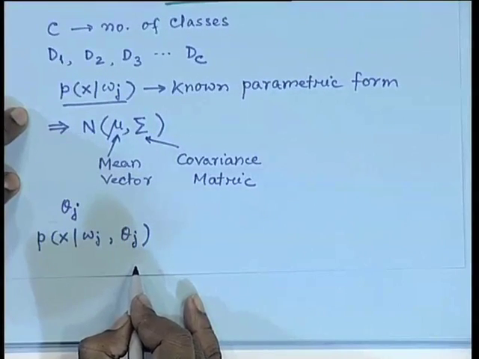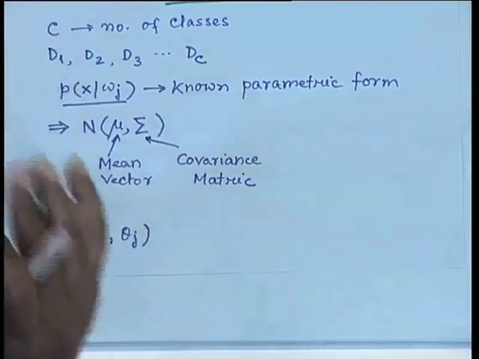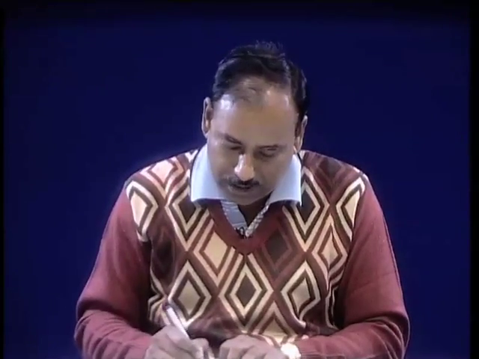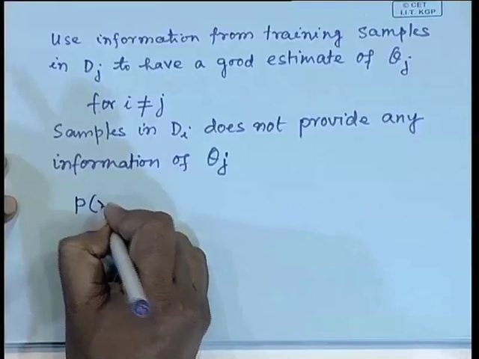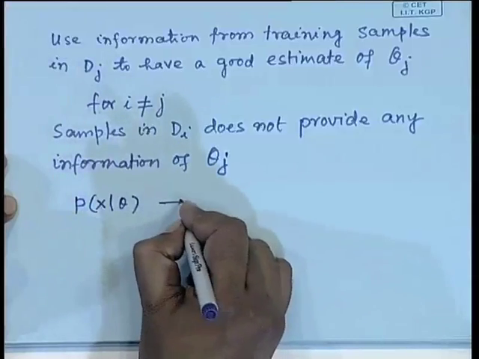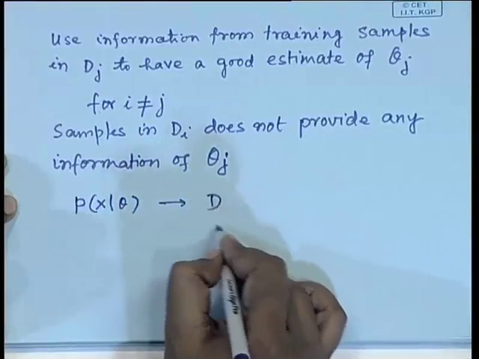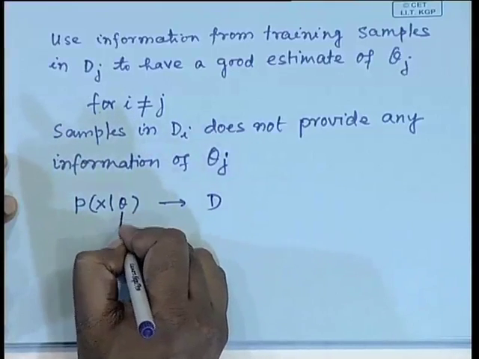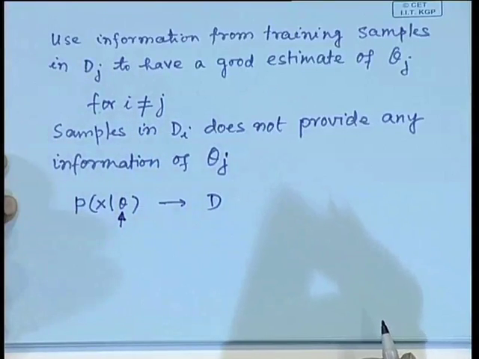I can simply write P x given theta, because I have C independent problems. For a given set of samples D, using the information available in these samples, I have to estimate this parameter vector theta.